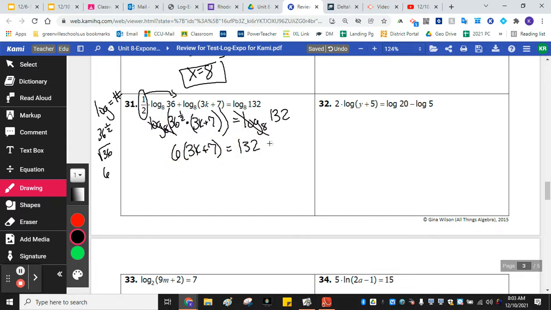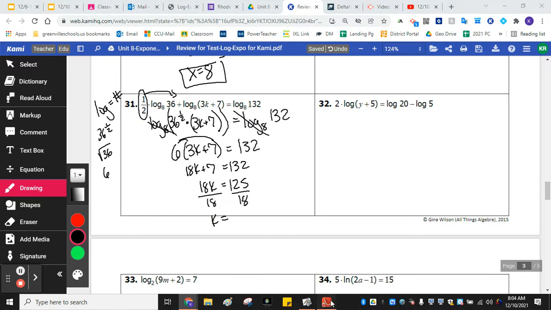Because log 8 equals, distribute 6, 18k plus 7 equals 132. Minus over the 7, 125, divide over by 18.